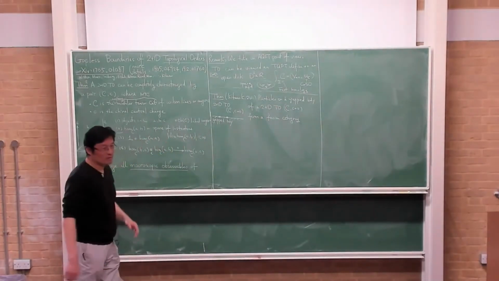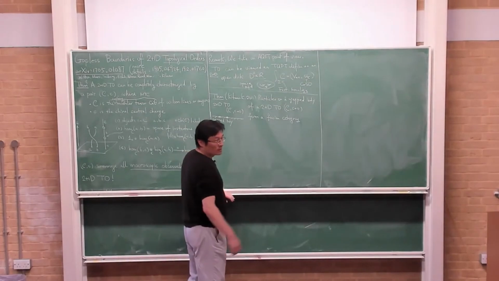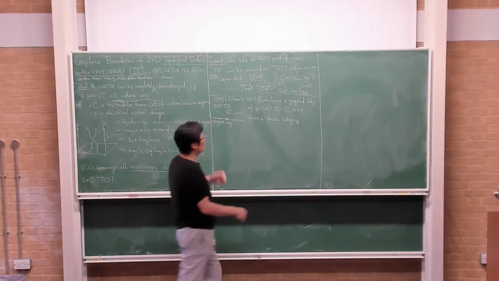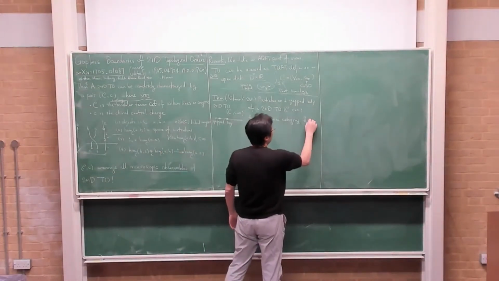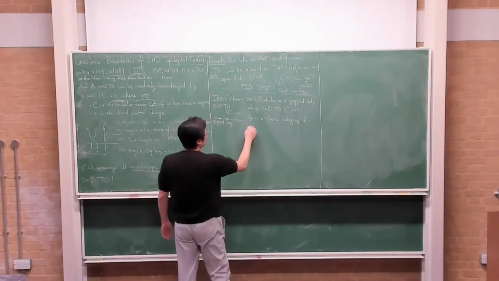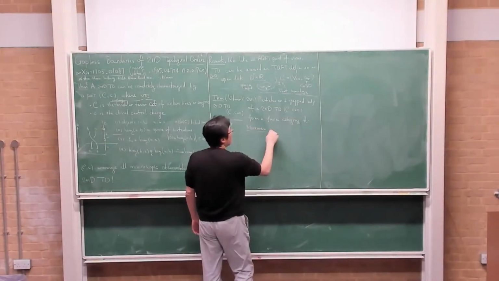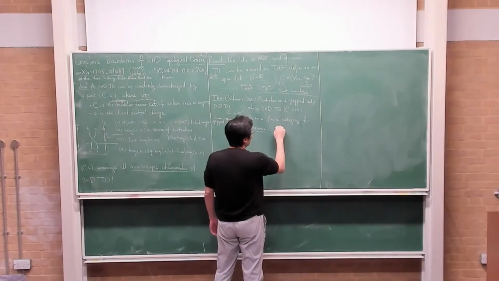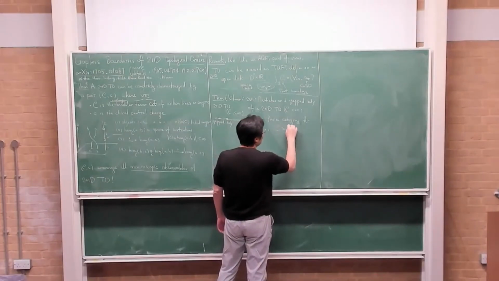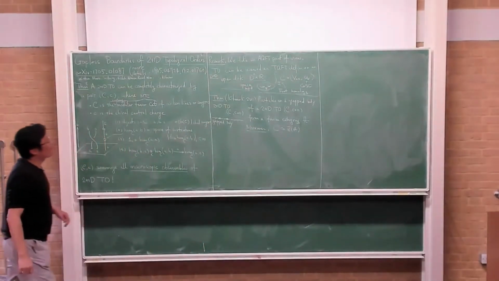It's the center of the fusion category. Okay, they form a fusion category A. Moreover, the bulk is the Drinfeld center of A.